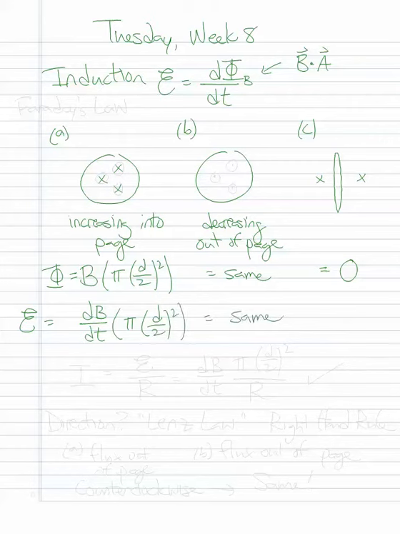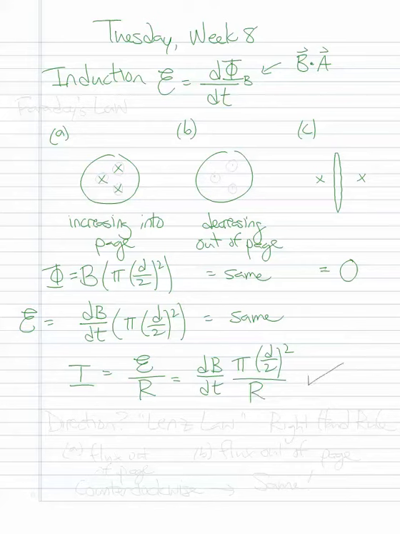If you have an induced EMF in a loop with some resistance, then of course you get a current. The current is equal to the EMF divided by the resistance. So that's dB/dt, which was given, times pi (d over 2) squared divided by the resistance of the loop. And that's the answer.